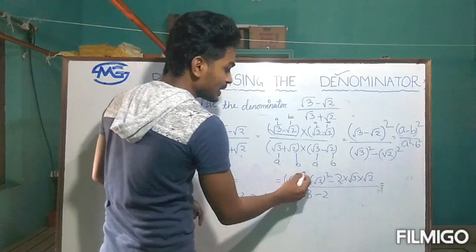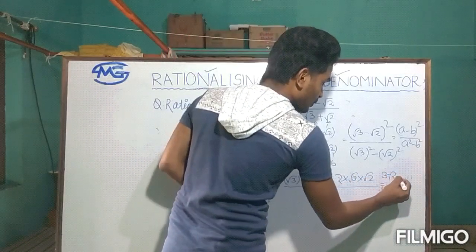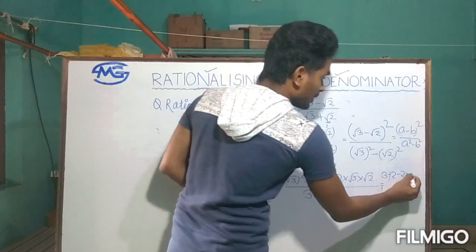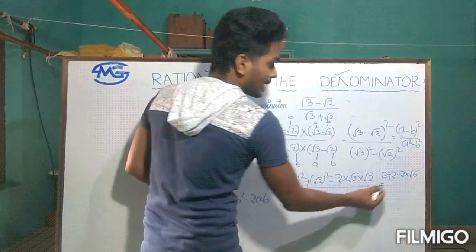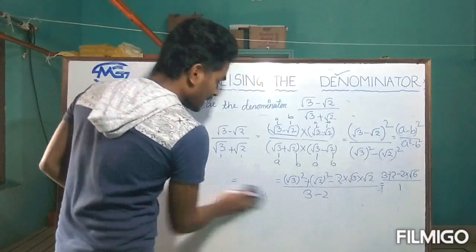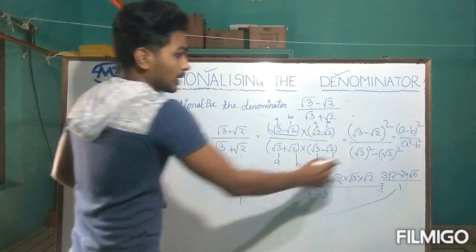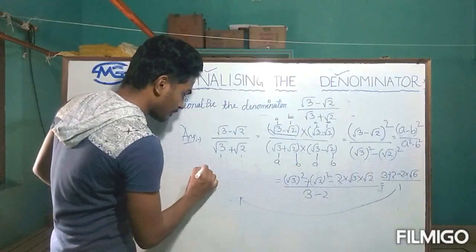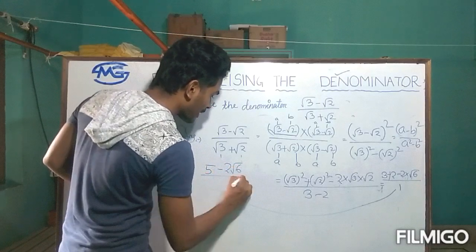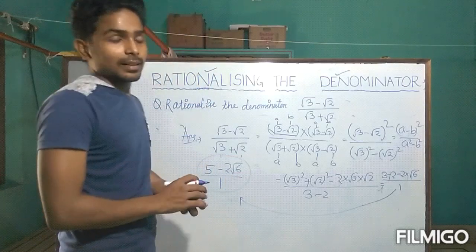So root 3 square is 3, plus root 2 square is 2, minus 2 into root 3 into root 2, which is root 6, divided by 3 minus 2, which is 1. Then 3 plus 2 is 5, minus 2 root 6, divided by 1. So this is our final result.